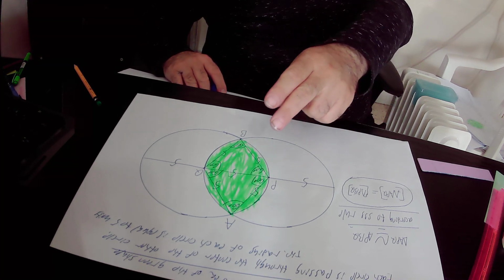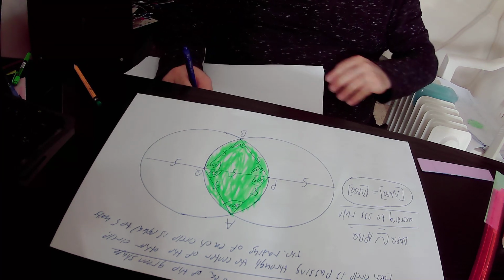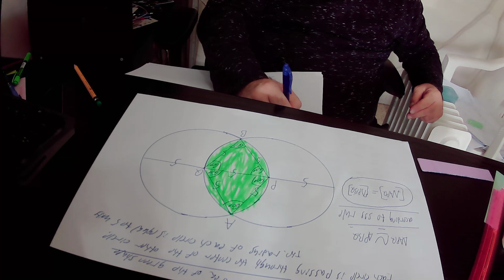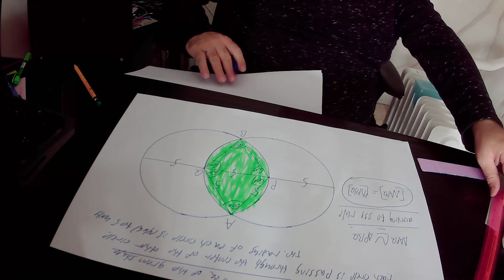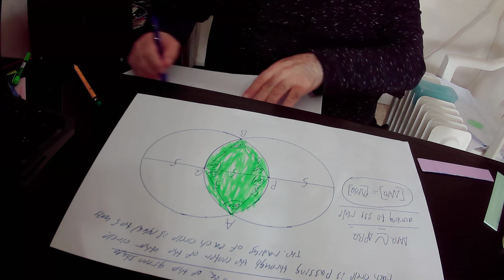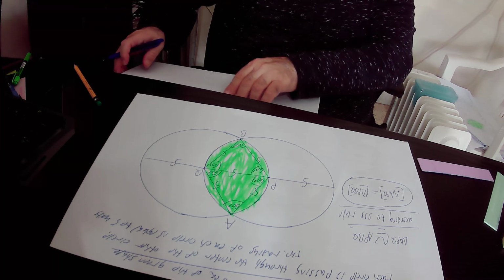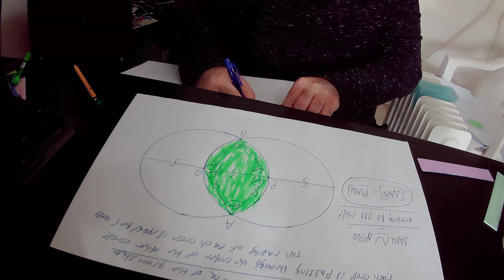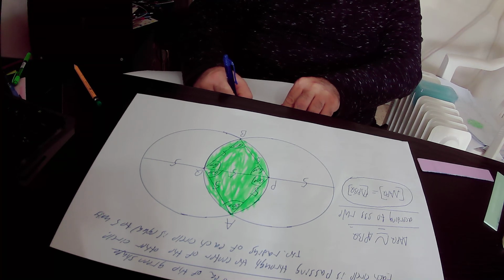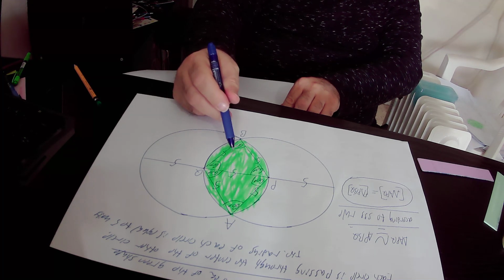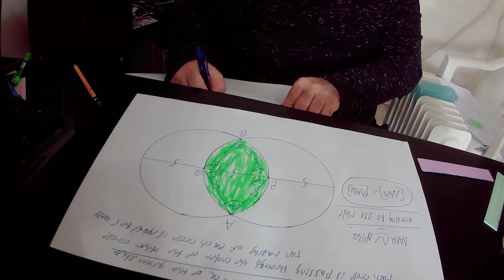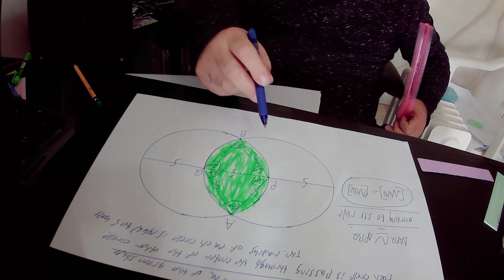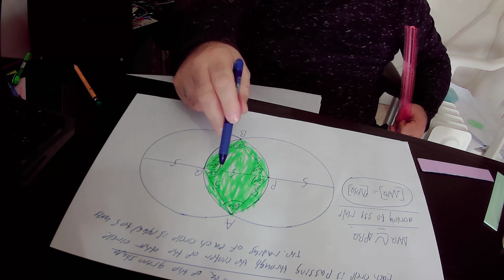So, what is the area of the green shape? The area of the green shape is equal to the area of the equilateral triangle APQ plus the area of the equilateral triangle PQB plus the area of the four segments, segment AP, segment PB, segment BQ, and segment AQ.